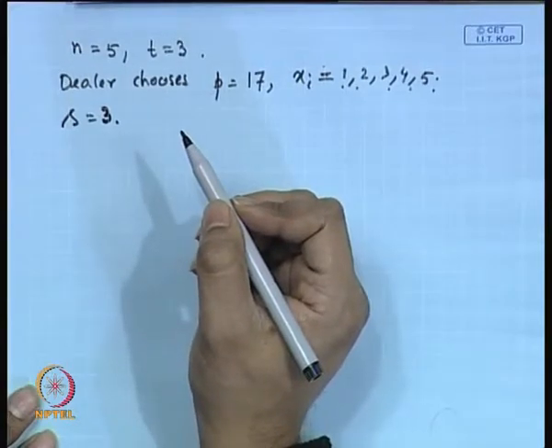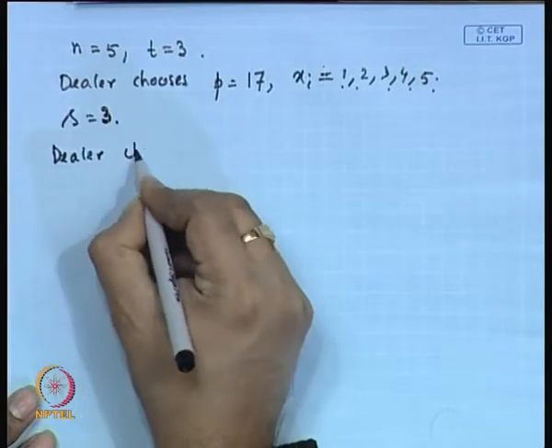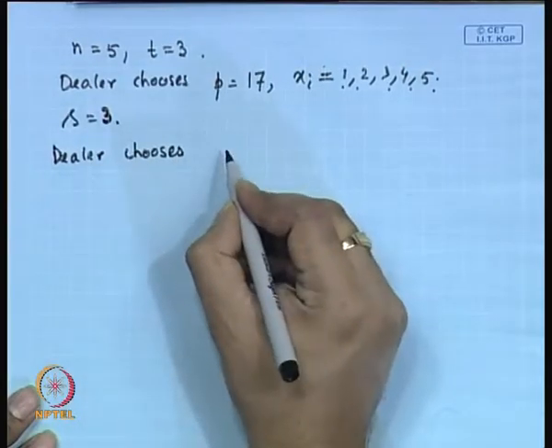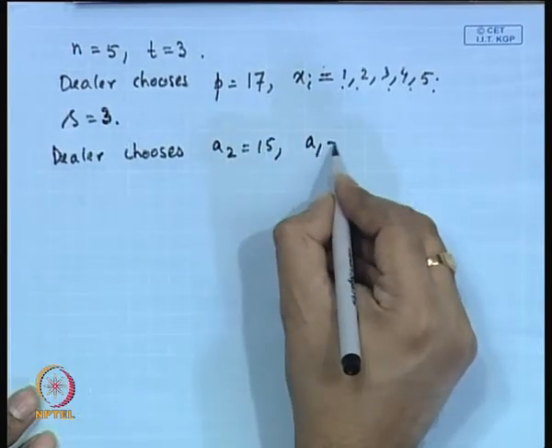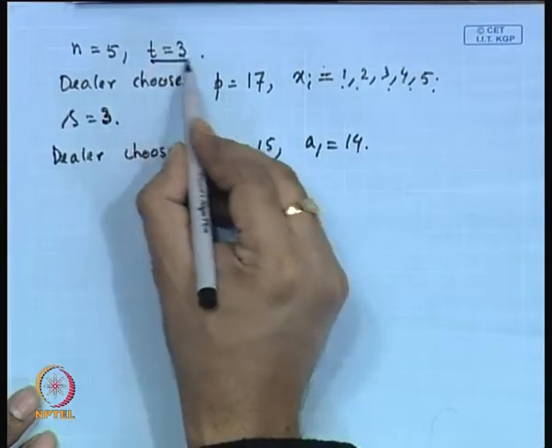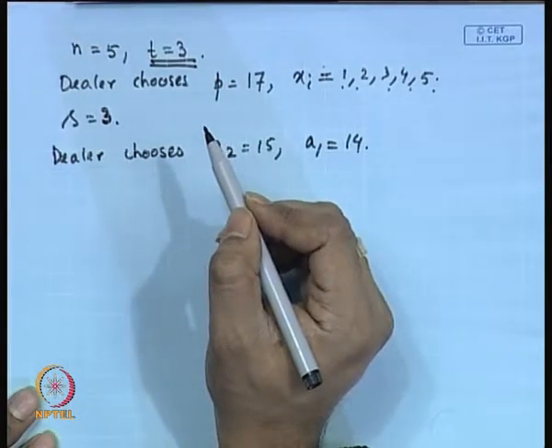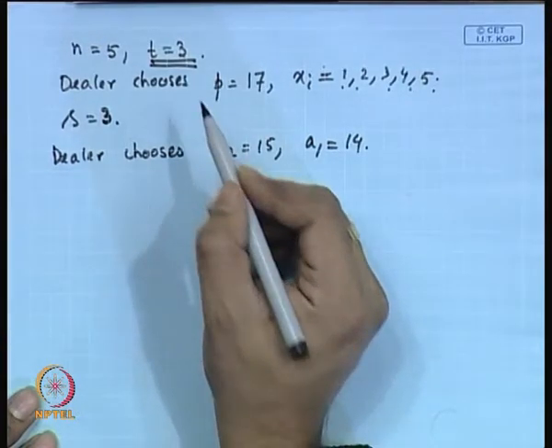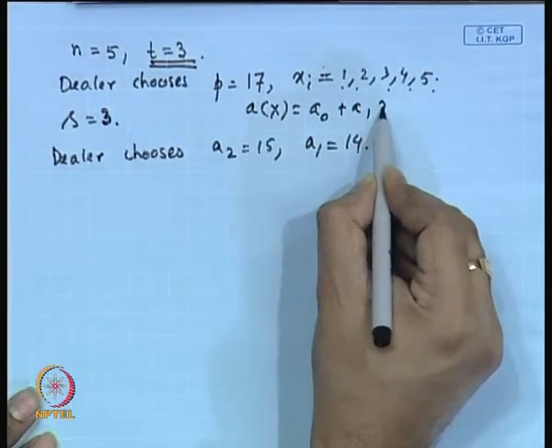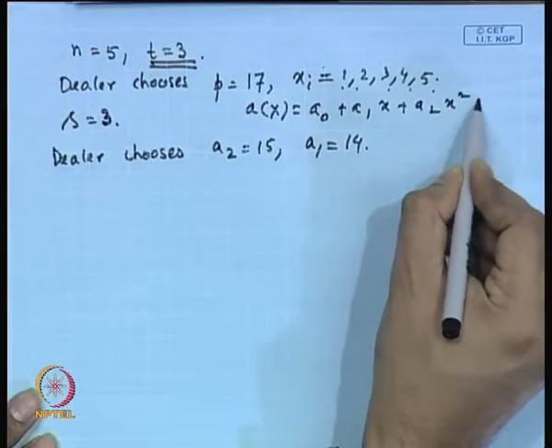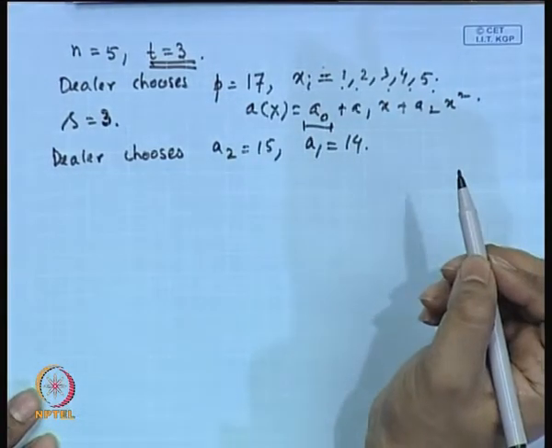So, the dealer chooses secretly the coefficients, say a2 is equal to 15 and a1 is equal to 14. Note that since t is equal to 3, the degree of the polynomial is t minus 1, so it is 2. Therefore, the polynomial will be a0 plus a1x plus a2x square, and a0 is the secret.